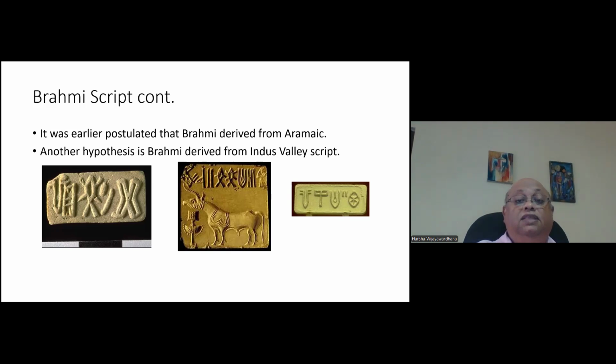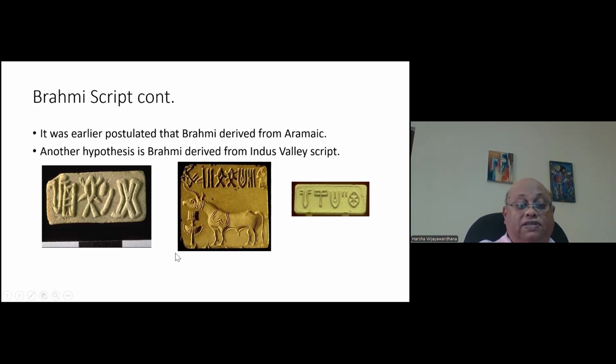Some of them are what you see in the Indus Valley script, but some of them we are not very sure about. Another interesting one is that swastikas are seen in the Indus Valley script. We also have a lot of swastikas on rock inscriptions in Sri Lanka. So those are what we call virama signs, basically.